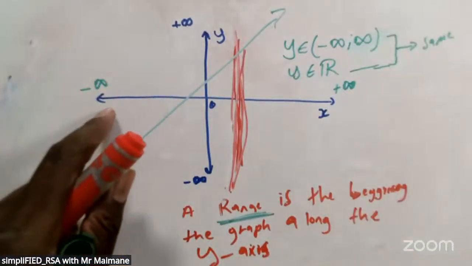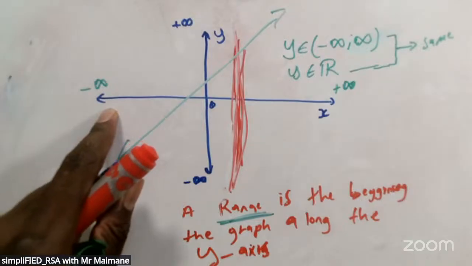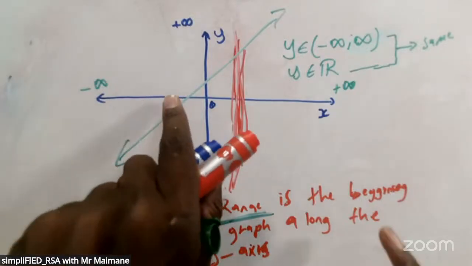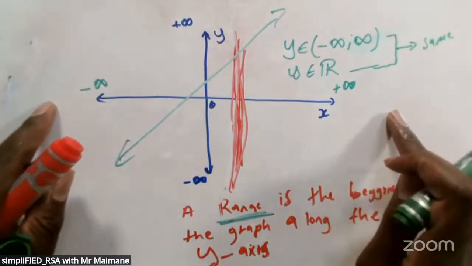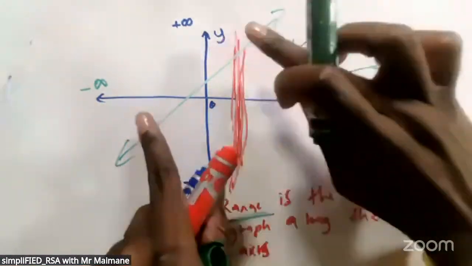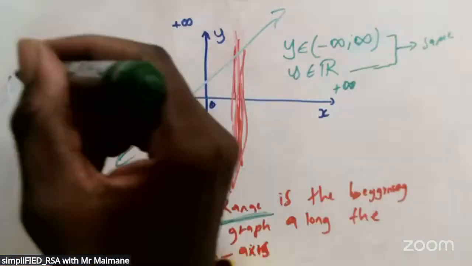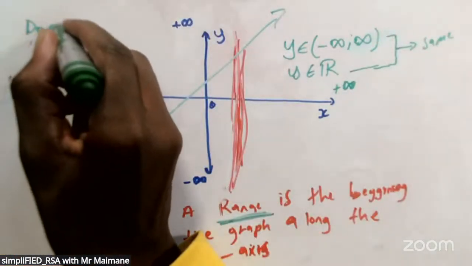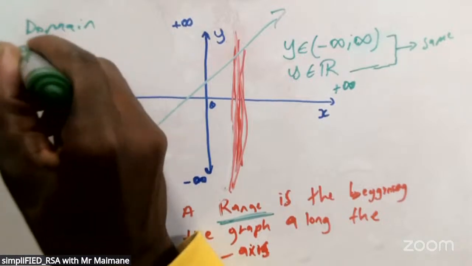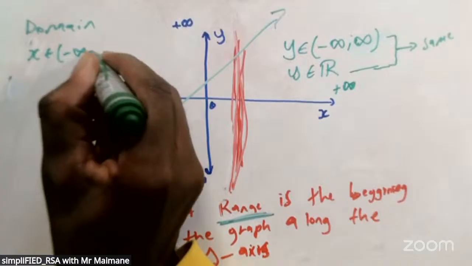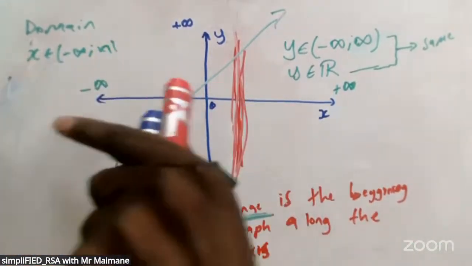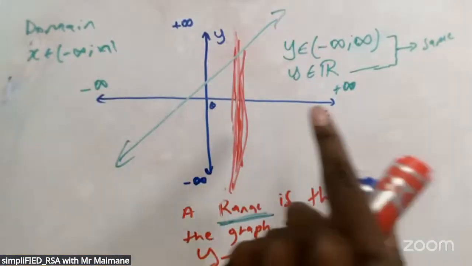For this graph, it would have the same domain and the same range, because that line keeps on expanding, meaning its domain would still be x is an element of minus infinity to positive infinity.